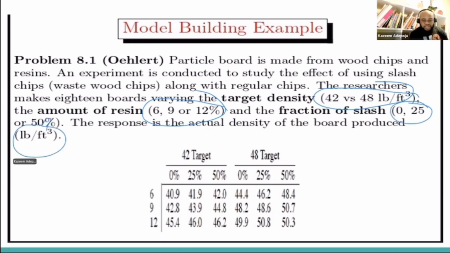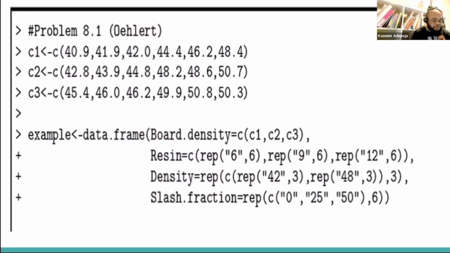So take a look at what I'm displaying now. This is more or less a 3-factor experiment. Of course, that is the data. Now, this is how to code this in R, in case some of you want to practice this.